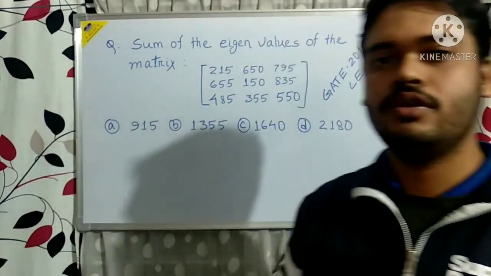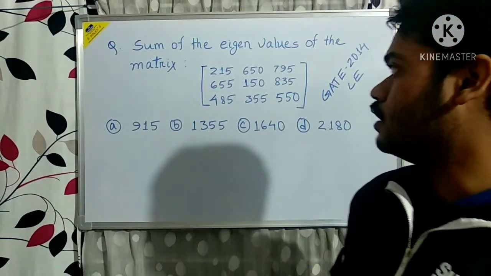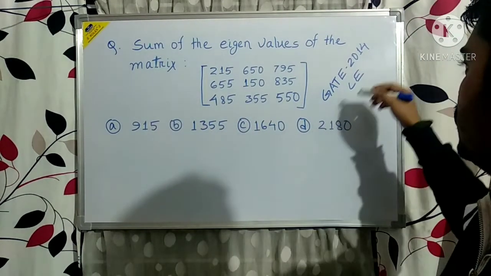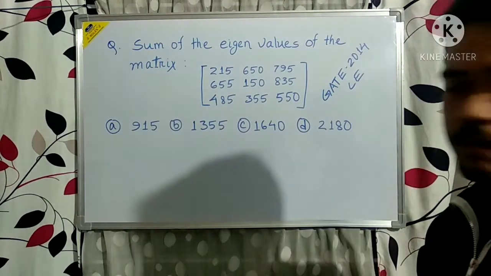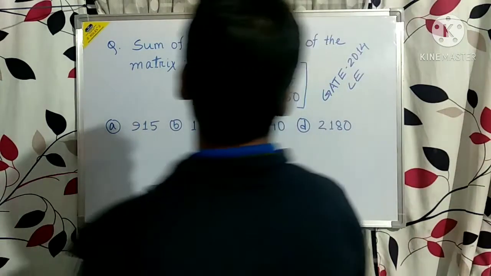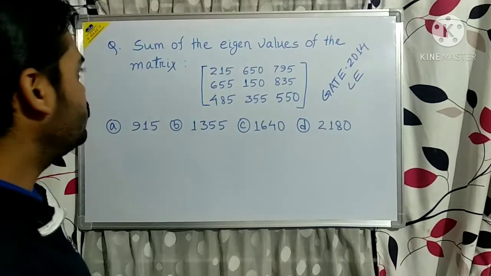In this video I am going to discuss one GATE previous year question. This question was already asked in GATE 2014 in the civil engineering branch. The question is: the sum of the eigenvalues of the matrix.